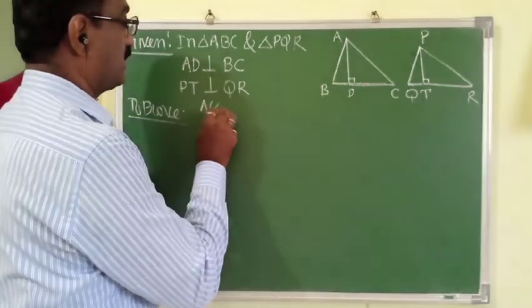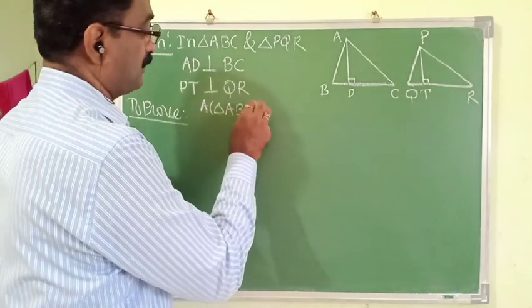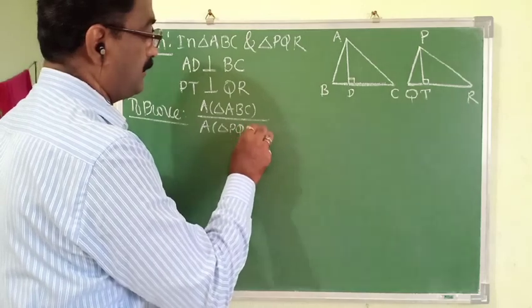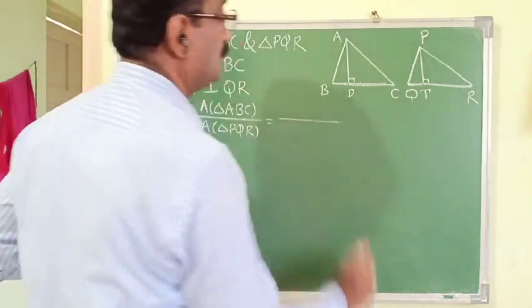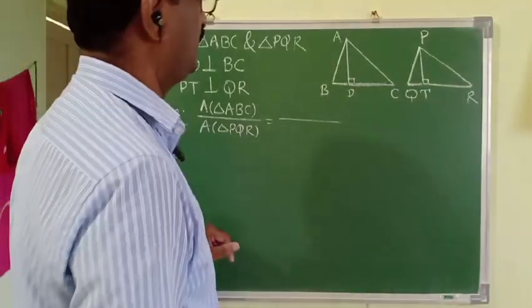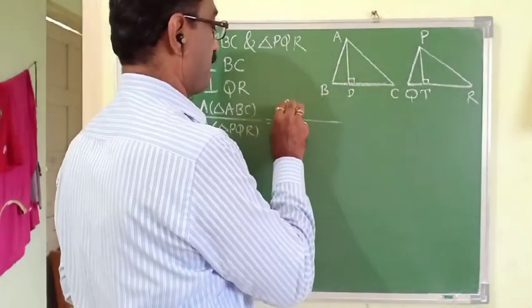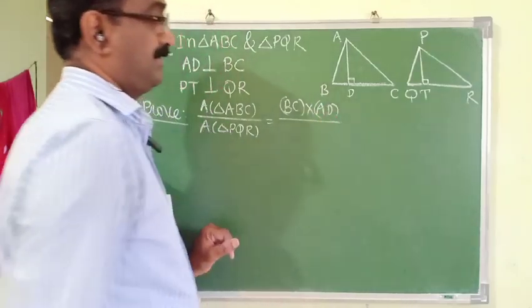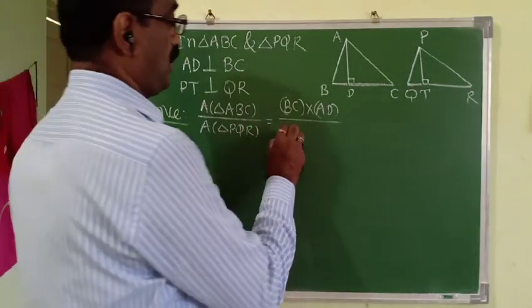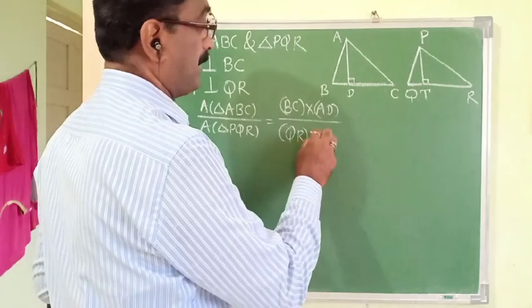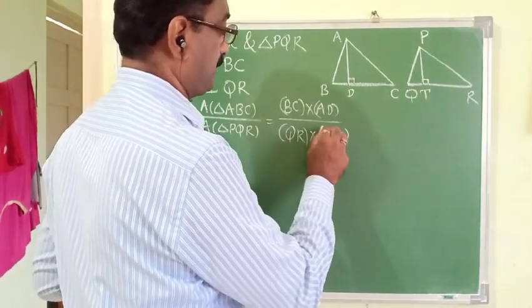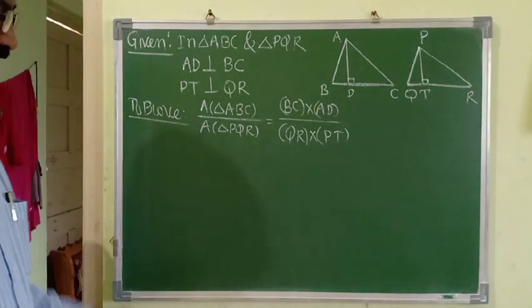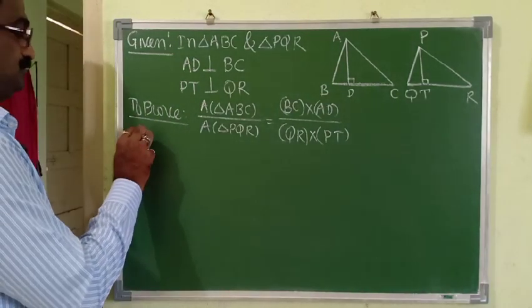That means area of triangle ABC upon area of triangle PQR is equal to the ratio of product of their bases and heights. Base is BC into height is AD. Similarly, base is QR and height is PT. So this we will have to prove. Very simple. Proof.